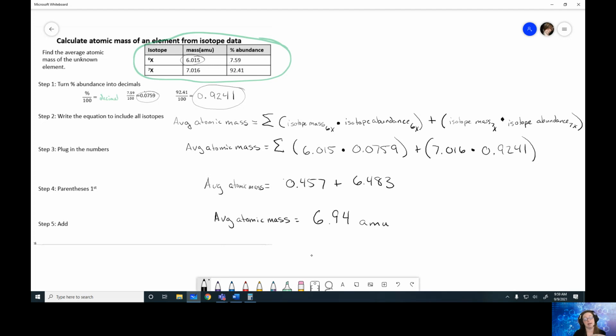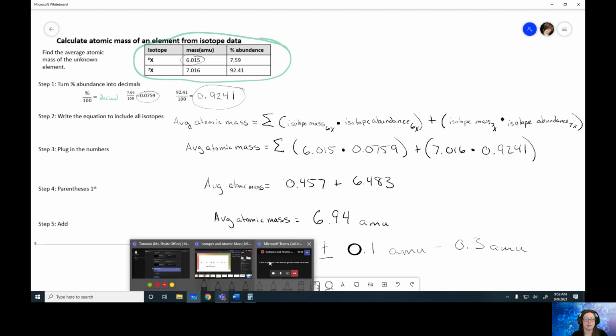If it's lower, you'll go to the right until you find something that's within, I would say plus or minus 0.1 AMU, to maybe 0.3 AMU. Okay, it should be pretty close. This is data from a real element. And so if you can figure it out, write it down in your notes and identify the element.